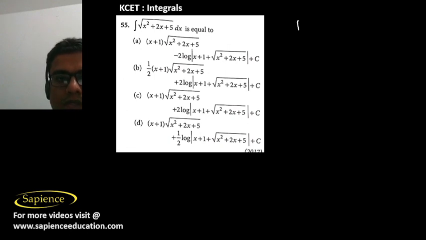So here we have to find the integral I, which is square root of x square plus 2x plus 5.